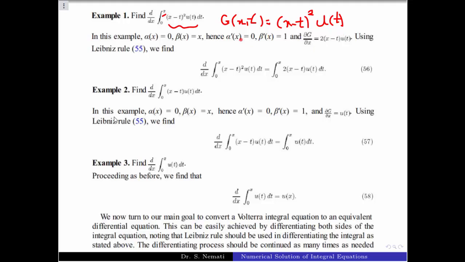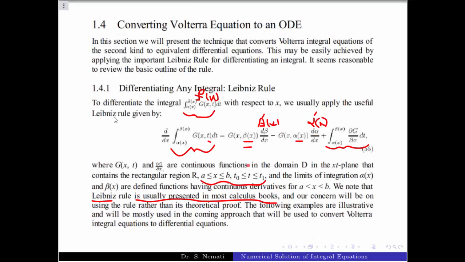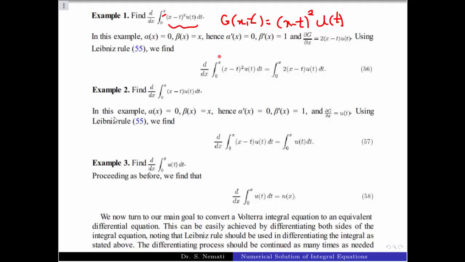By replacing all these expressions in the main formula, we obtain the derivative of this integral equals the integral of 2 times (x minus t) times u of t dt from 0 to x, because the first two parts will be equal to 0.